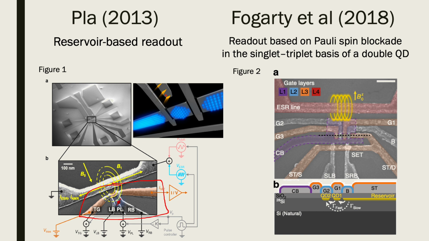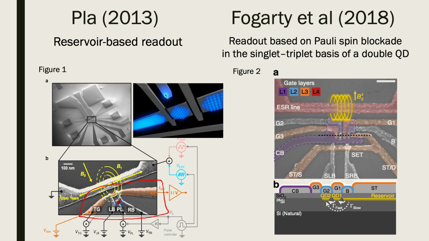In this reservoir-based readout, each qubit typically requires its own dedicated readout electrode. These electrodes are used to manipulate the electron reservoir and measure the resulting current flow, which provides information about the qubit state. Therefore, for n qubits, reservoir-based readout would require n separate readout electrodes, each connected to an individual qubit.